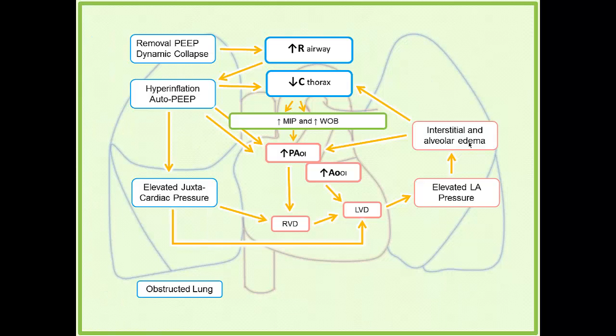Interstitial edema and alveolar edema additionally can feed back and impair thoracic compliance, which again, with impaired thoracic compliance, you'll have lower intrathoracic pressures on inspiration, greater intrathoracic pressures on expiration, increase your work of breathing, and can then feed back into this, cycle back around.